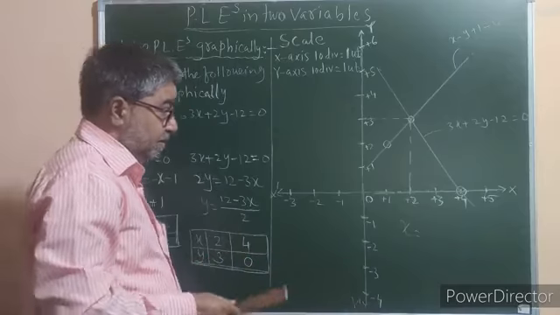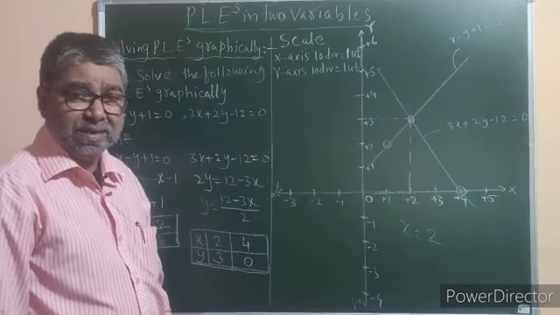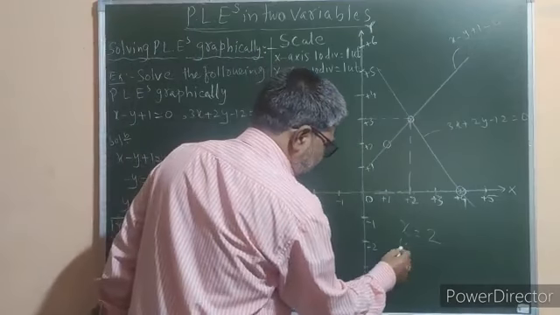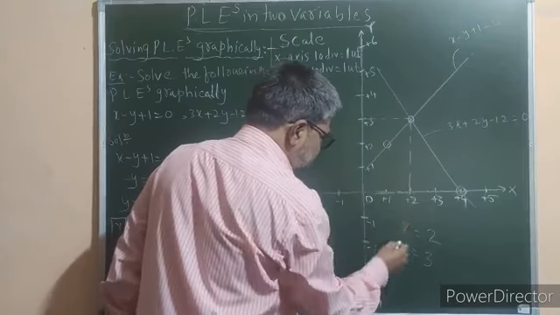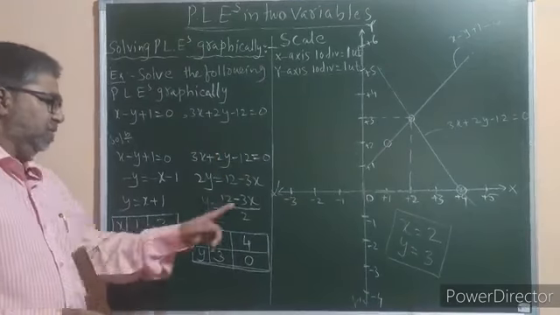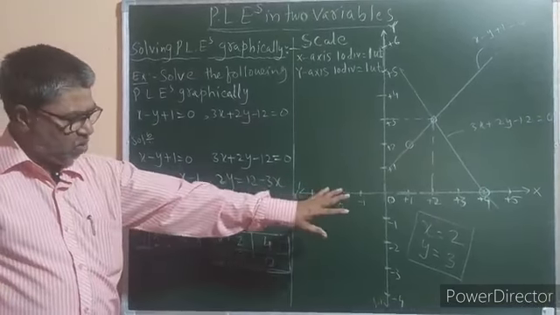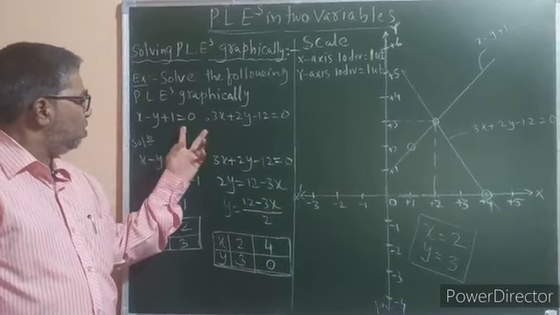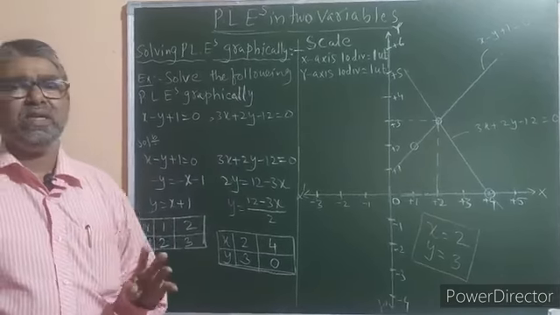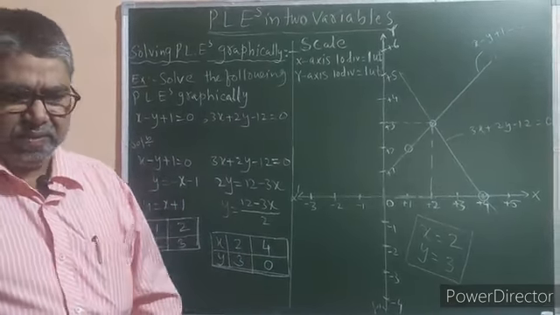On the x-axis the perpendicular is falling on 2, hence the value of x in this equation is 2, and on the y-axis the perpendicular is falling on 3, and the value of y in this particular example is 3. So x is equal to 2 and y is equal to 3 is called the solution set for these two equations, and this method is called solving pair of linear equations in two variables by graphical method.